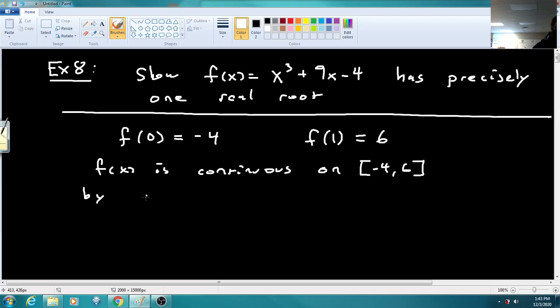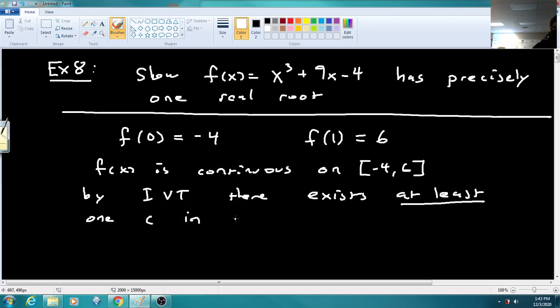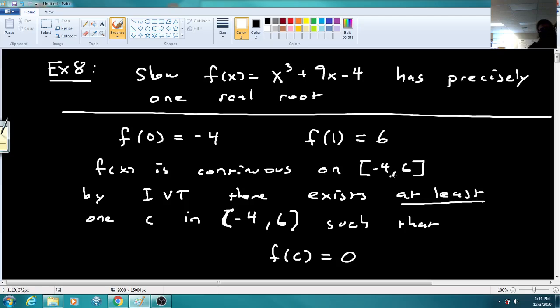So by the intermediate value theorem, there exists at least one c in -4, sorry, open bracket, -4 up to 6, such that f of c equals 0. So since 0 is between -4 and 6, whoops, I messed this up quite a bit here.